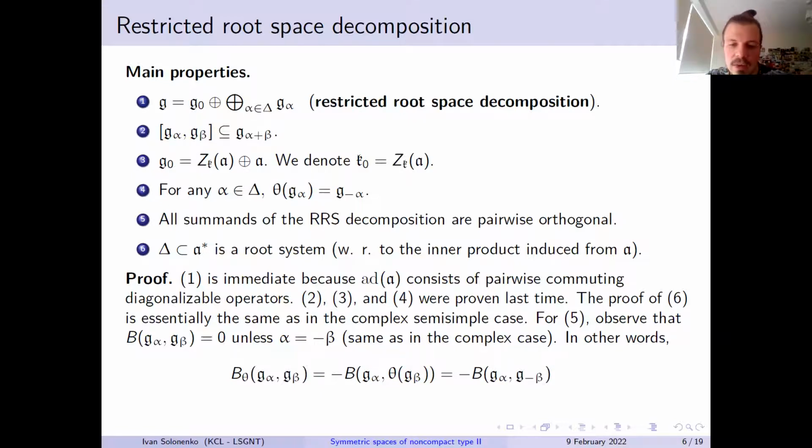So we have this, and now B is just the Killing form. So this is 0 unless alpha is just beta. Which is exactly what we want in 5. All right, any questions here? All right, let's move on.